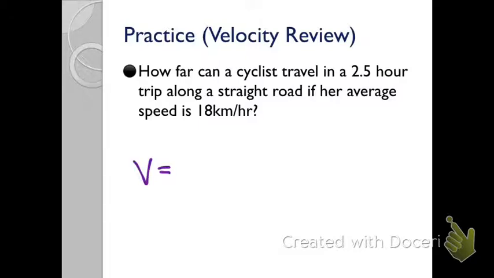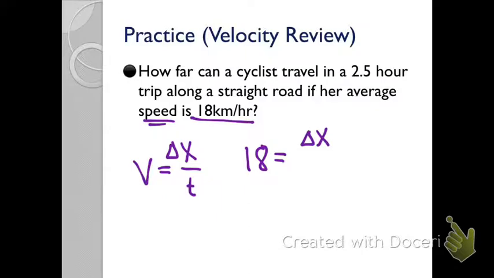Remember our equation for velocity or speed. Same essential thing. It's going to be displacement over time. Change in displacement over time. So I was given my velocity. My displacement is what I'm solving for. Change in displacement. Does everyone know what that sign means? I didn't really go over it.